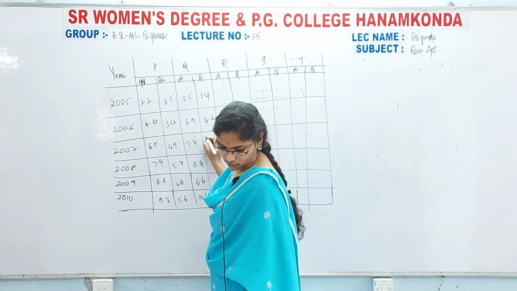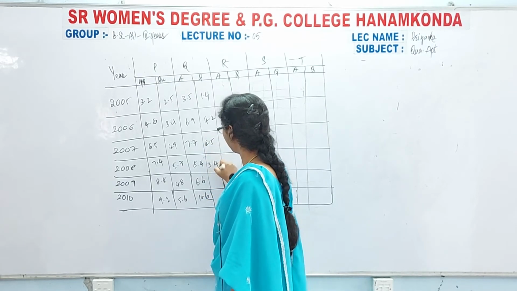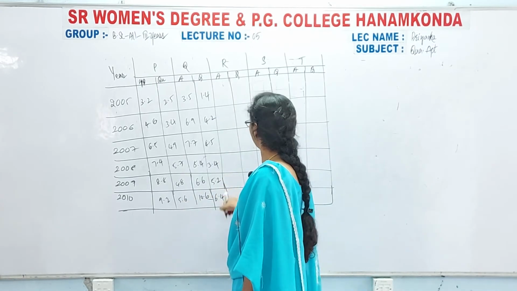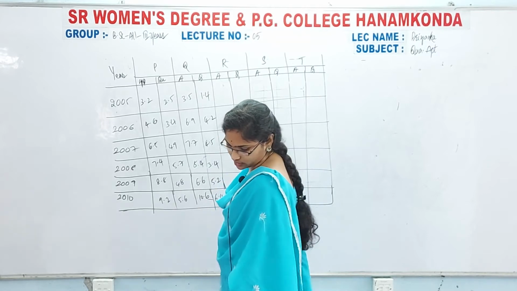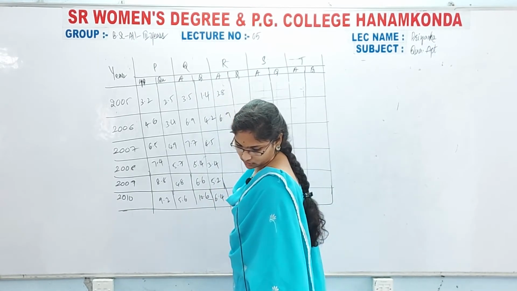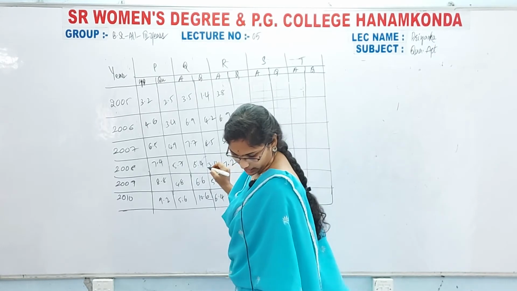Next 4.2, 4.5, 6.4. Next R: 3.8, 6.9, 5.9, 7.2, 8.6, 10.3.